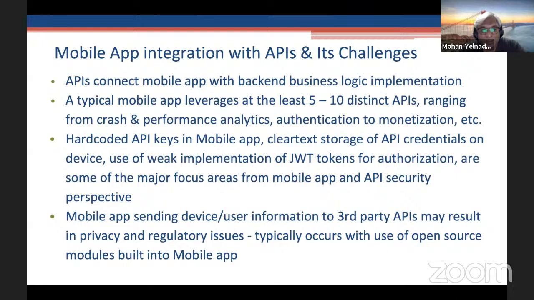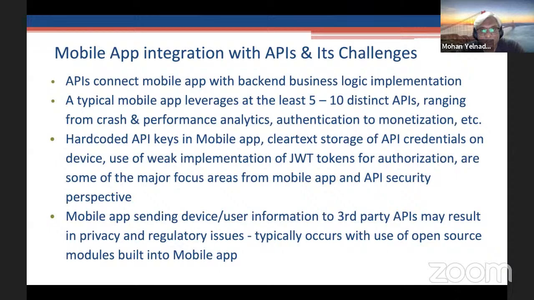So anything that is found on the mobile native app is a big starting point for hackers, to take it and then further propagate that exploitation to the backend, right?